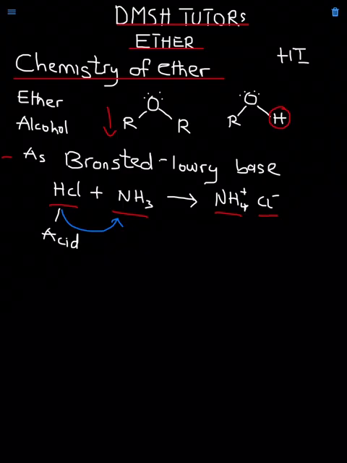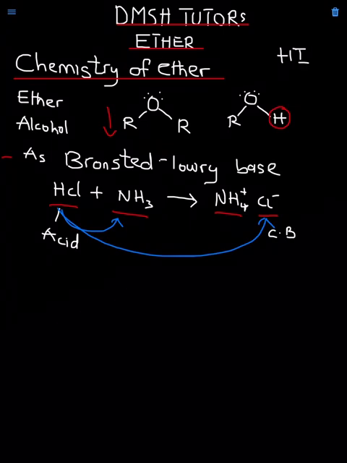And HCl becomes chloride, because it has donated its hydrogen to ammonia. This is called the conjugate base. Because ammonia accepted protons from HCl, it makes ammonia a Bronsted base, and ammonia accepted the proton and becomes this.